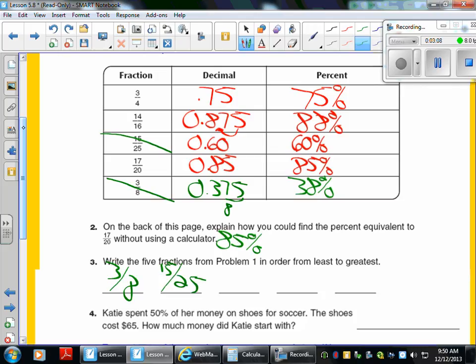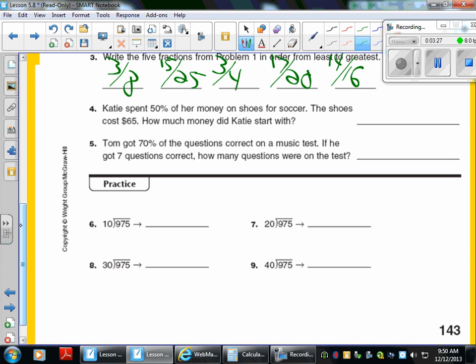Next smallest would be 75%, so it'd be 3/4. My next smallest would be 85%, so 17/20. Last but not least, 88% would be 14/16.